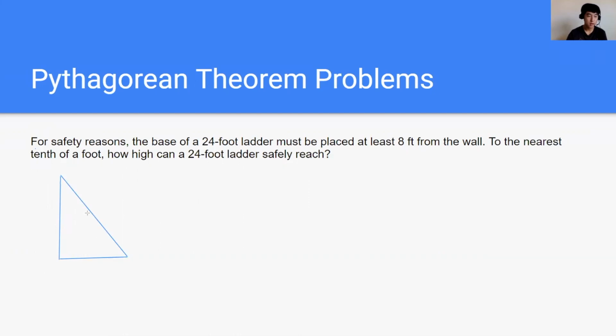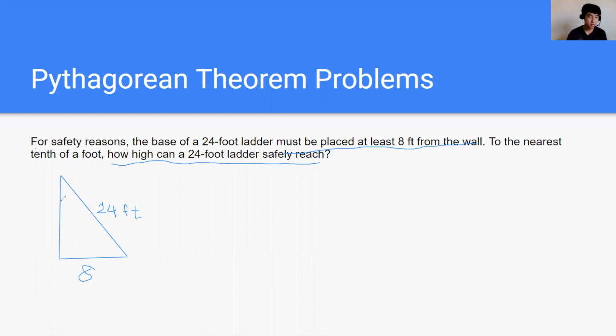So this is the ladder, which is C. It says the ladder is 24 feet. And it must be placed at least 8 feet from the wall. So 8 feet. And how high can the 24-foot ladder safely reach?